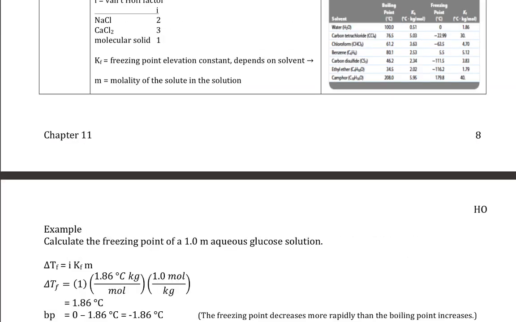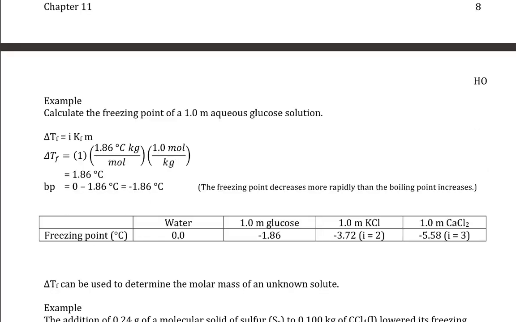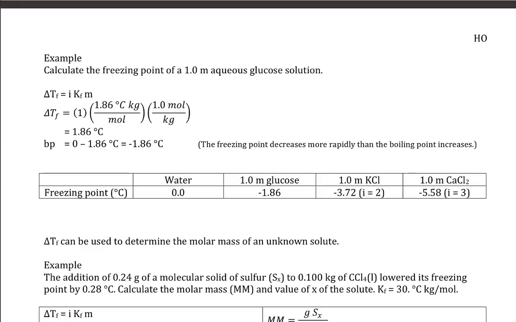Water, sliding over to K sub F, 1.86, attaching the units. We multiply by the 1.0 moles per kilogram. We get delta T sub F to be 1.86 degrees Celsius. Okay, so that's the amount that the temperature goes down by.